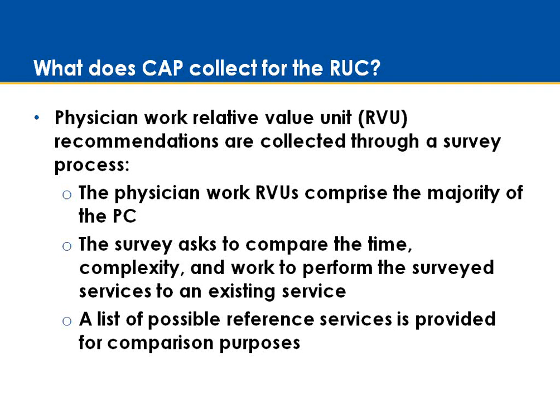It also includes some indirect costs. In the survey, we ask you to compare the time, complexity, and work of the surveyed services to an existing service. So, for example, now we have a professional value for the 88305 that's been through the RUC.